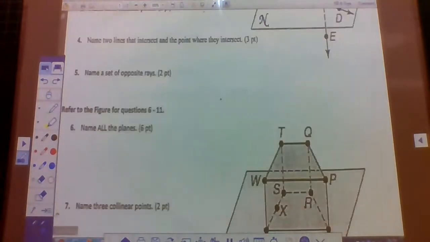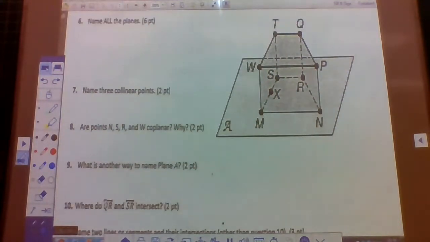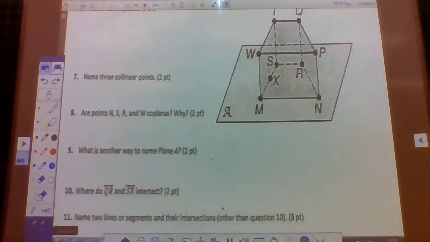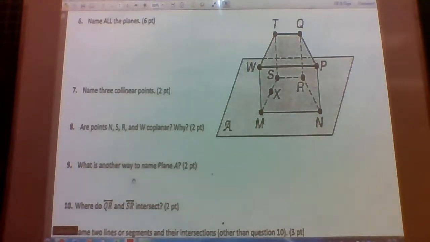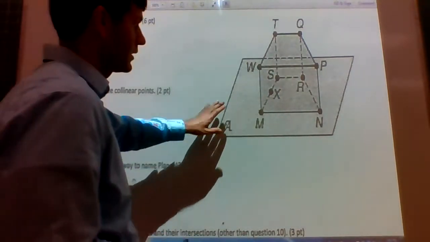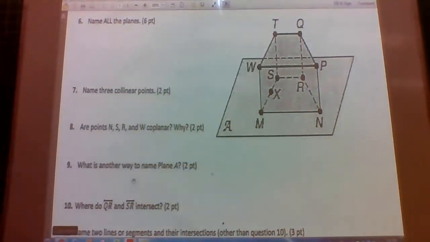Second diagram. Bunch of questions for the second diagram. It wants us to name all the planes. So we have a cube that looks like it's sitting on a two-dimensional surface, atop a tabletop or something.